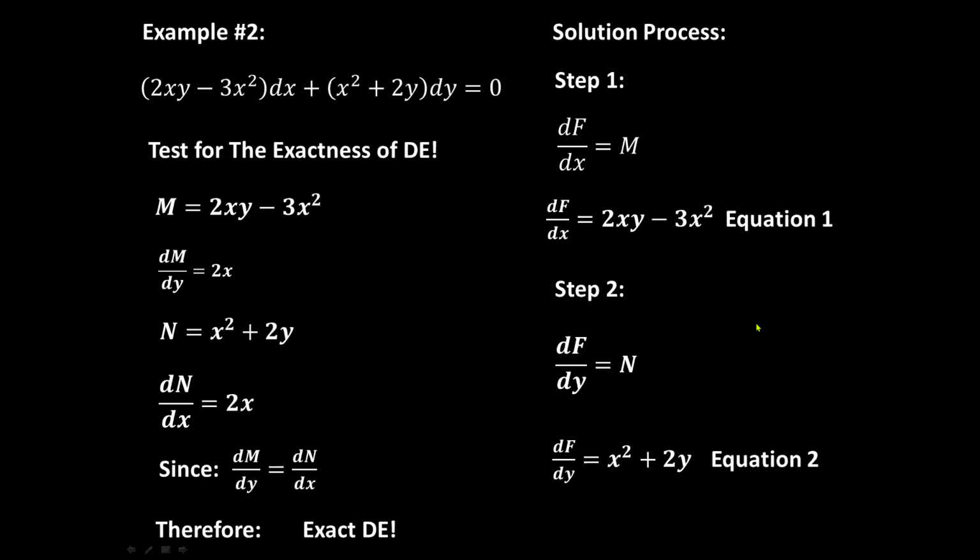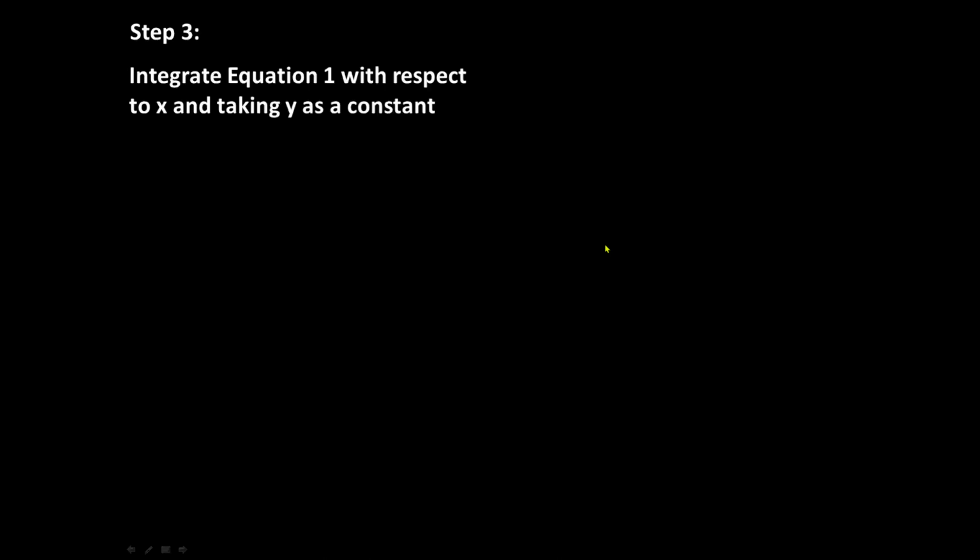What do we do in step 3? Integrate. Which one? Equation 1, with respect to x, taking y as a constant. Okay, correct. Very good, so you're a good listener. Now, let us reset our equation 1 and cross-multiply dx first to the right-hand side of the equation.